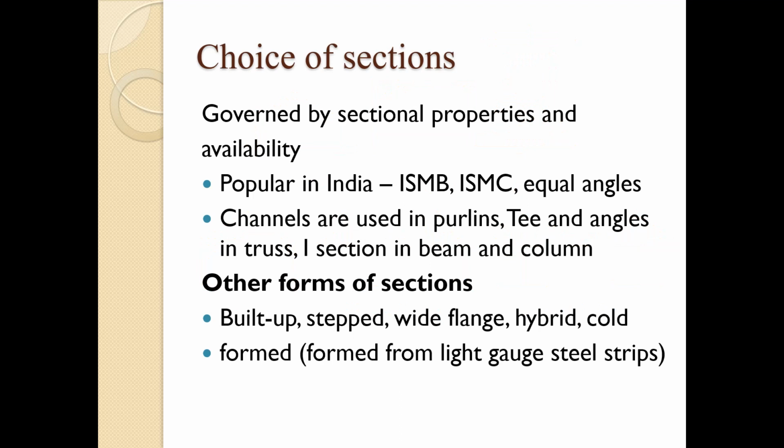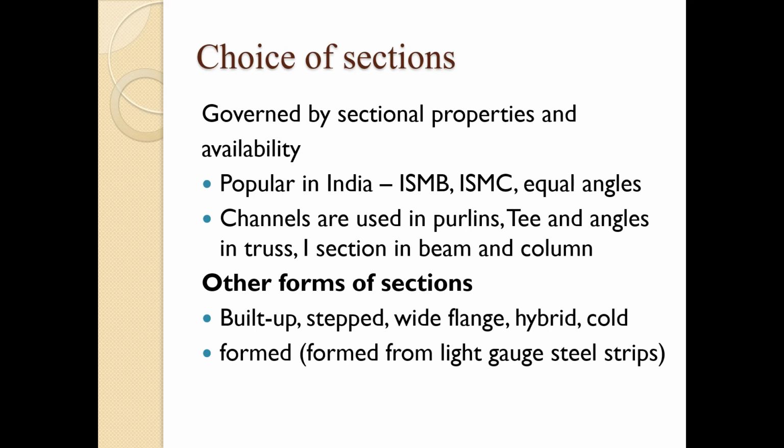So the choice of the section is mainly governed by the sectional properties and the availability. In India, ISMB, equal angles and channels are more popular. Channels are used in a purlin, angles in truss, and I section in a beam and column.